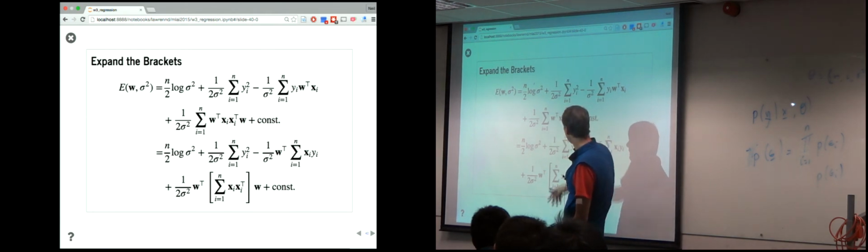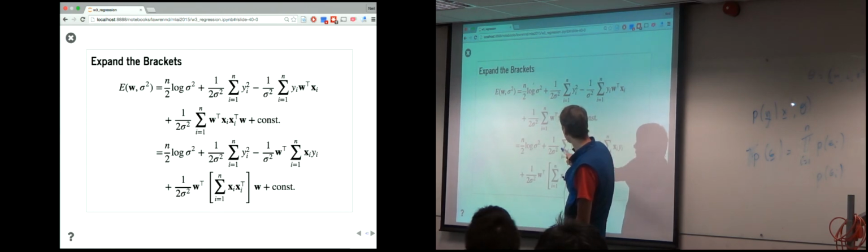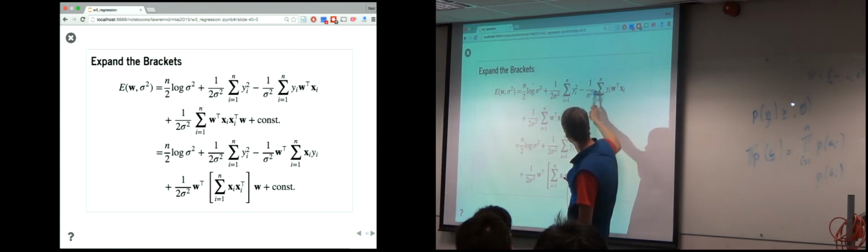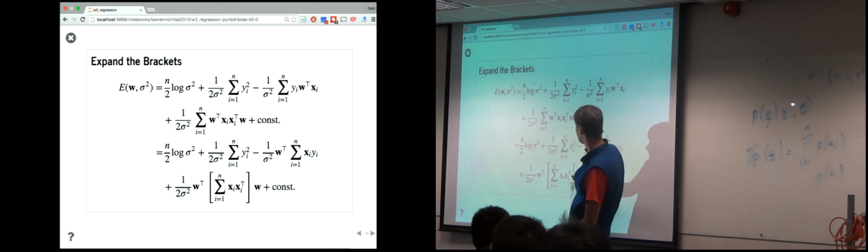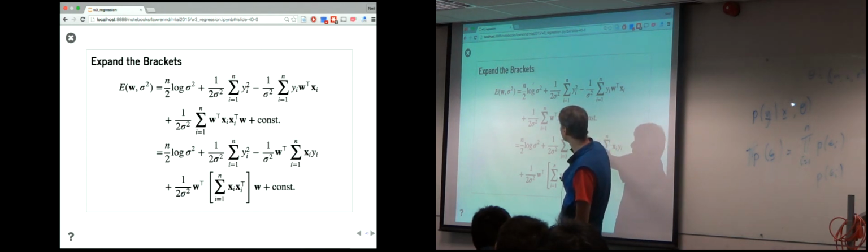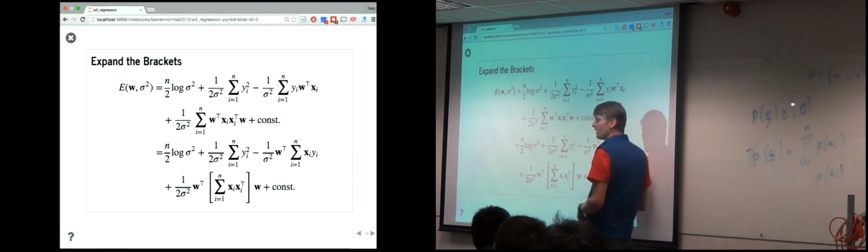But the reason I've written it like that is because I can now carry the sums through. I've got all these sums, but what I can notice is that this sum comes inside the W, like this. So that's just a rewriting of that. Before we would have had mx plus c squared in this term here, and then that was expanded out. But rather than expanding that out, we've written it in this form. Now notice what's happened.